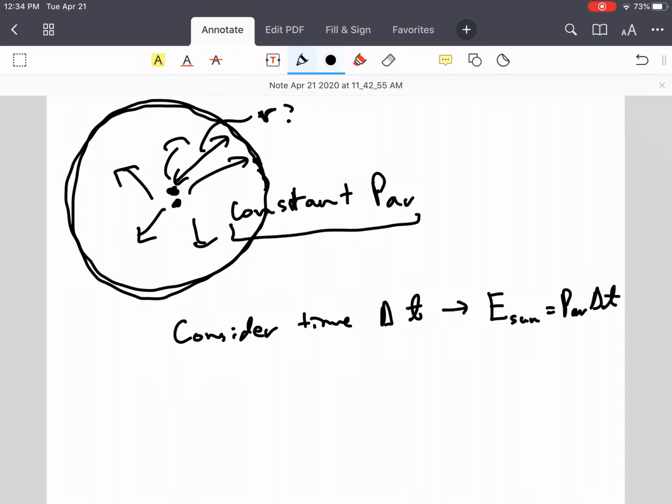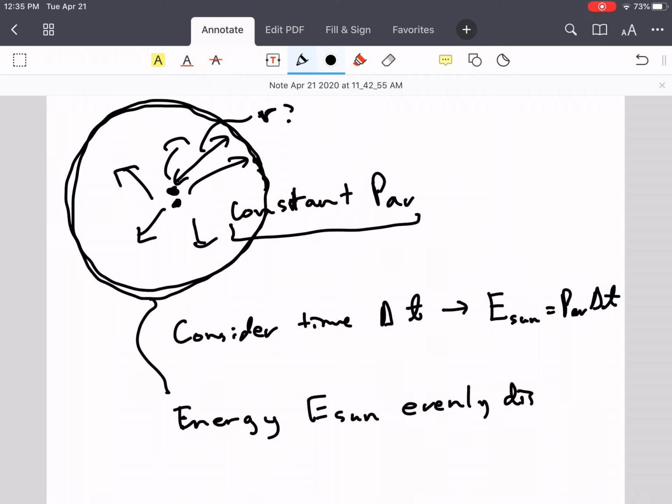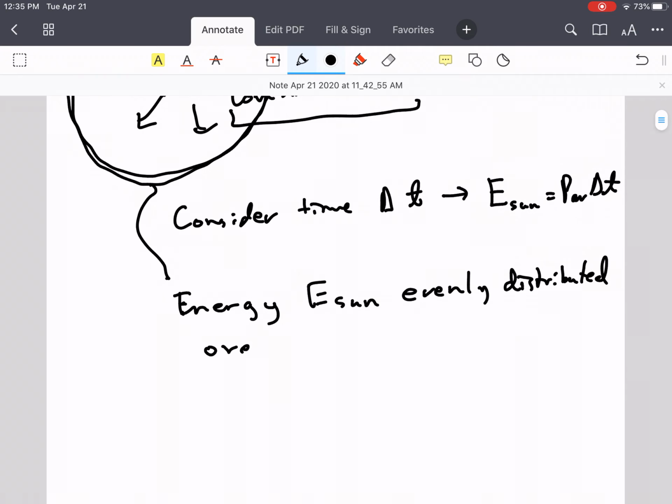And what's the surface that is sitting at radius r from the center of the sun? What is that surface called? It's called a sphere. Meaning that energy, E sun, is evenly distributed over a sphere of radius r. So now we see that there's a relevant quantity here, which is the energy divided by the area.